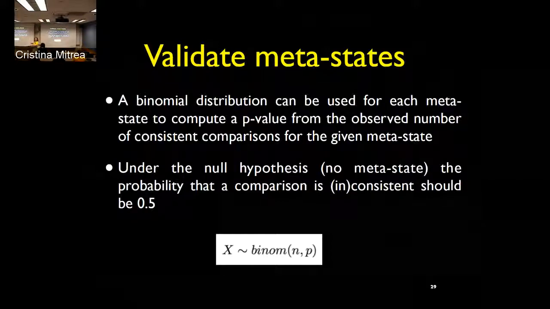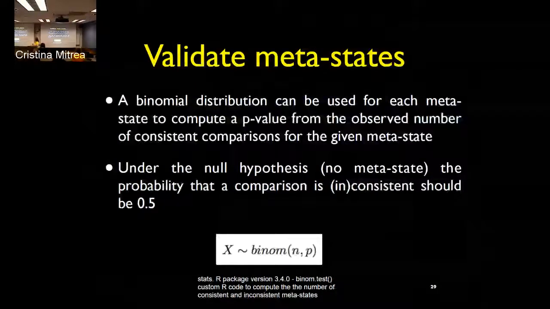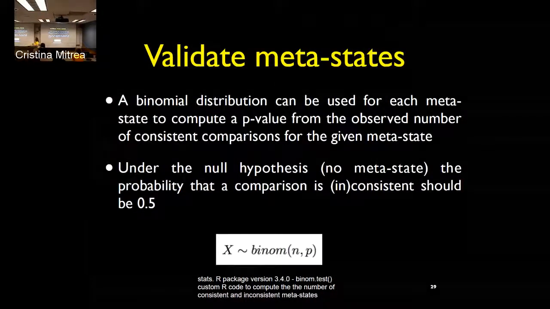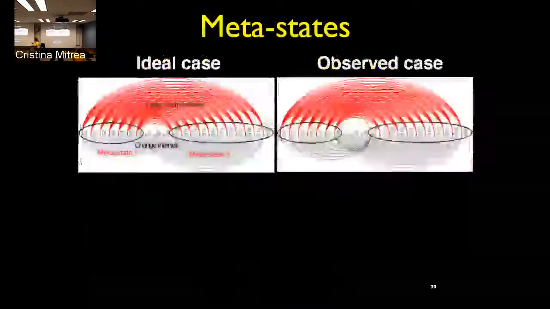We compared it with the ideal, and we evaluated if that happens just by chance, or if it's specific to the data. For each of the computational parts that I'm describing, I also put the package or the way that we implemented that algorithm.